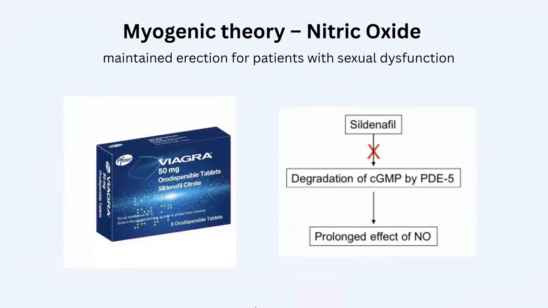This is a clinical application. So for patients with sexual dysfunction, they can't maintain an erection, okay? And remember that nitric oxide is a vasodilator, and you want more of this nitric oxide in these patients. So there's an active ingredient called sildenafil, which is found in Viagra, and it stops degradation of cGMP by PDE5.